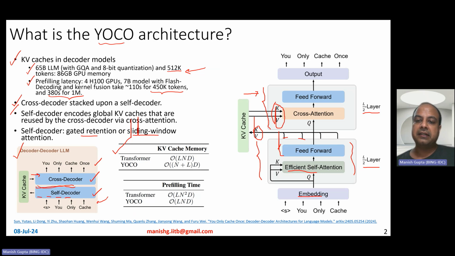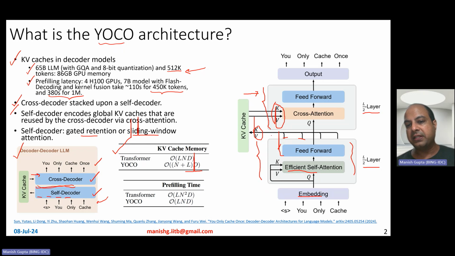The other part is that rather than keeping all the key values in the cache for all the N positions, what you would do is keep the key value caches for each of those layers L only for a few positions, let's say past 4 positions or 3 positions and so on.